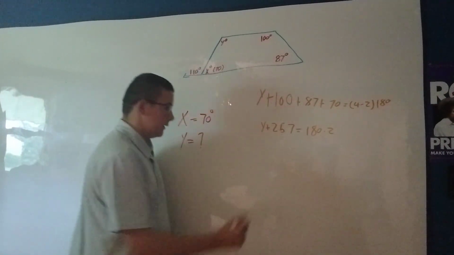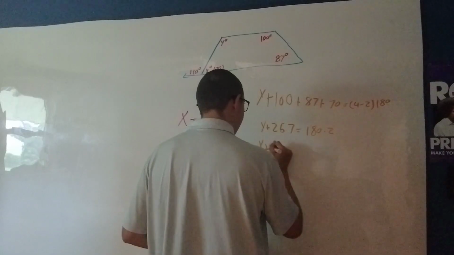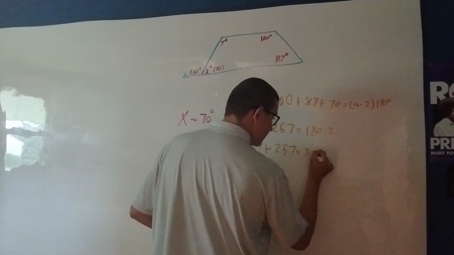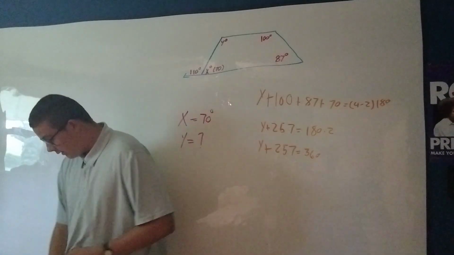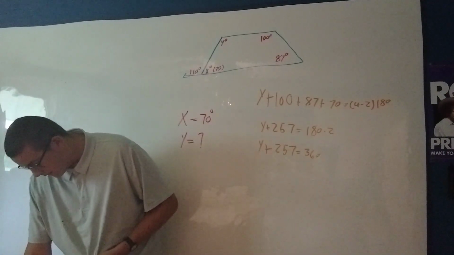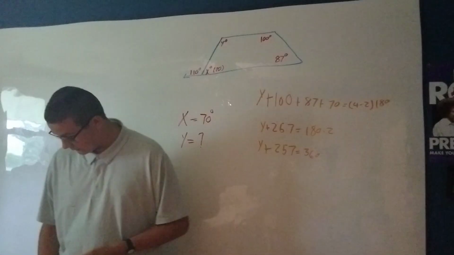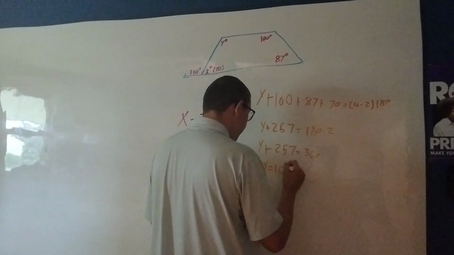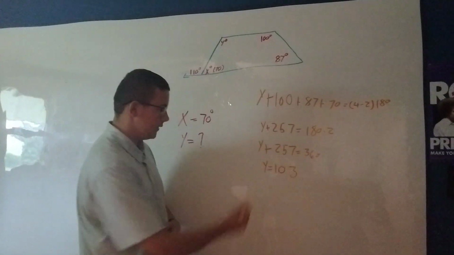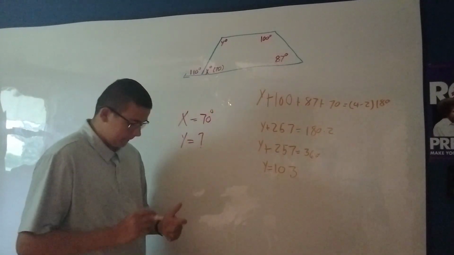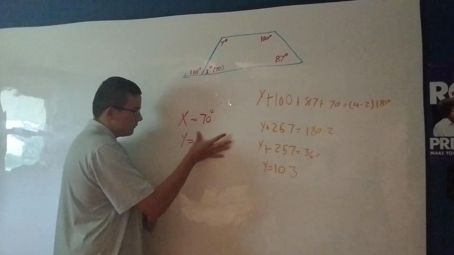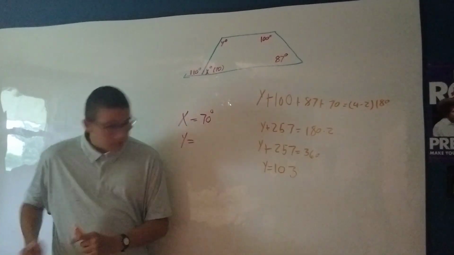Now, from here, 180 times 2, y plus 257 equals 360, like that. And then we just subtract from there and say y equals 103 when you do 360 minus 257. Y equals 103. So you can write that out here as your answer.